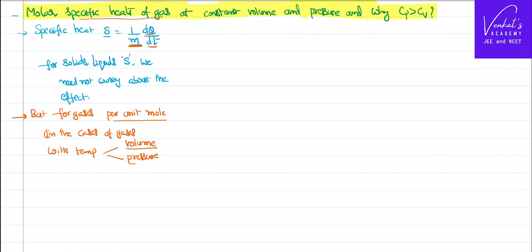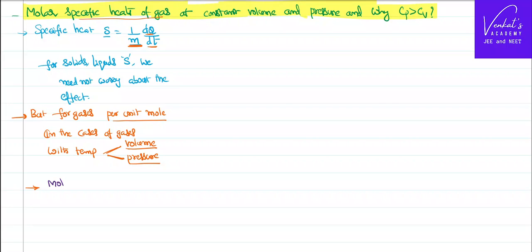Studying both of them parallelly is a bit difficult because we don't know who is varying by how much. That's why while defining the specific heat of gases, we keep one of volume and pressure constant and study the other. Thus, gas has two kinds of specific heats.